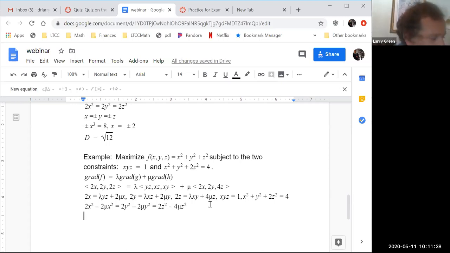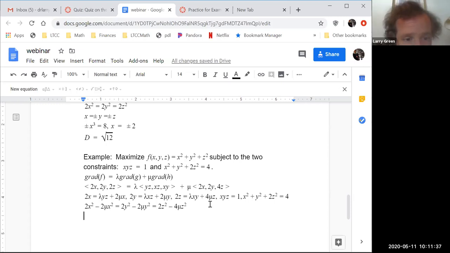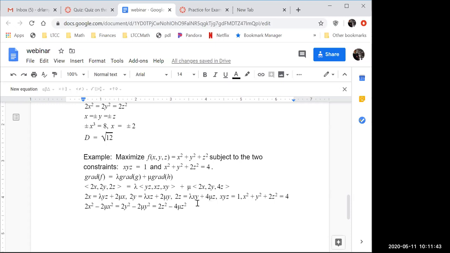Okay, what do we do from there? Factor out a 2. Yeah, you can factor out a 2, and I'm actually going to factor out the x squared, the y squared, and the z squared also individually.